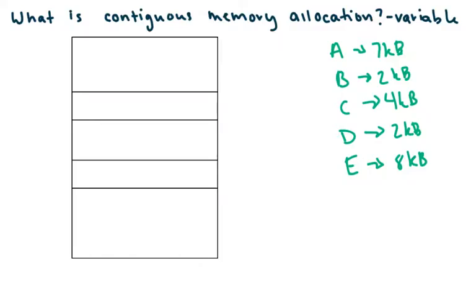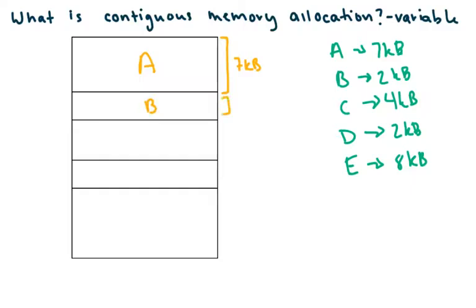When A comes in, this spot in memory will be allocated 7 kilobytes. So this block will be 7 kilobytes, and A will be here. Notice now there's no internal fragmentation with A. Last time we had 1 kilobyte left over, and now we have none. And the same with the rest of them.